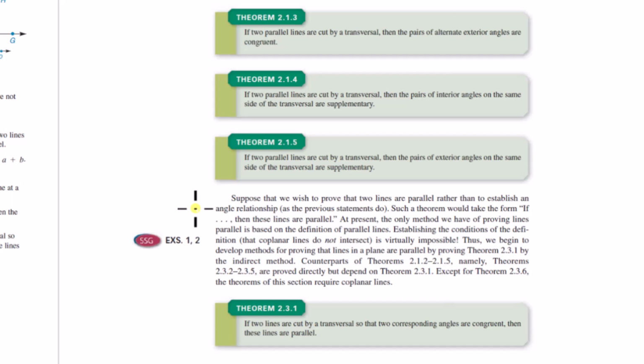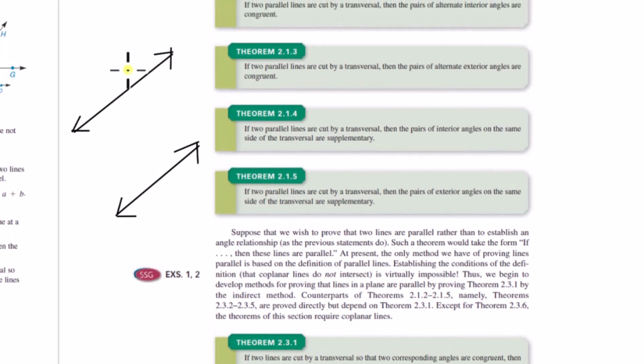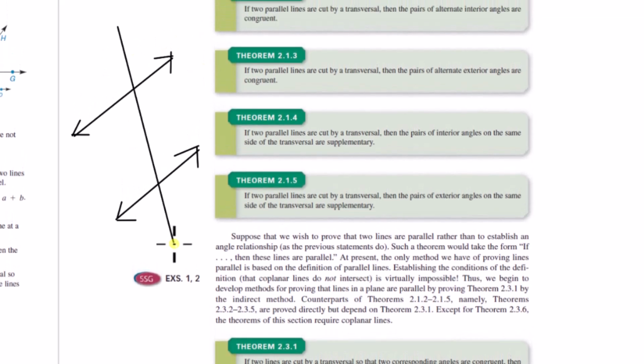We can start with two lines that look parallel in any orientation. They might be parallel, they might not. To prove whether or not they're parallel, you could cut them by a transversal. And in that case, you're going to create these 8 angles here.